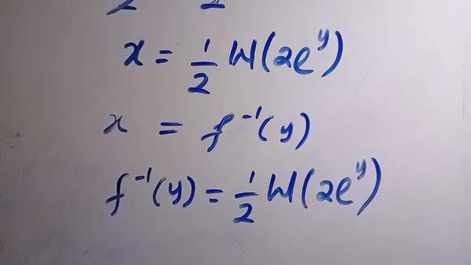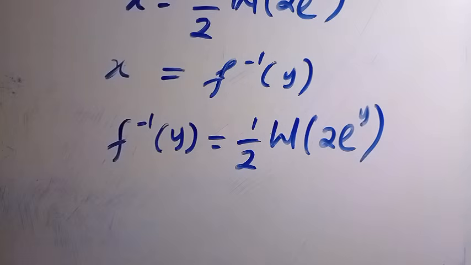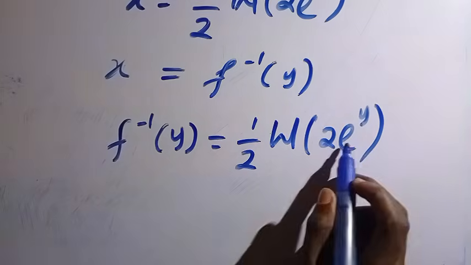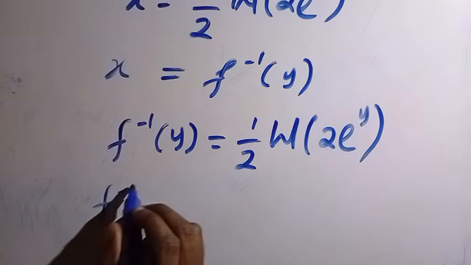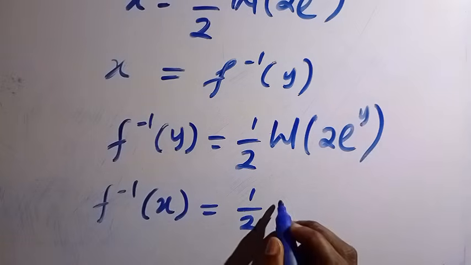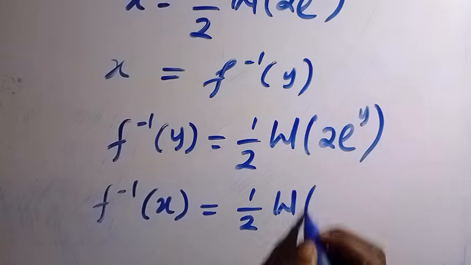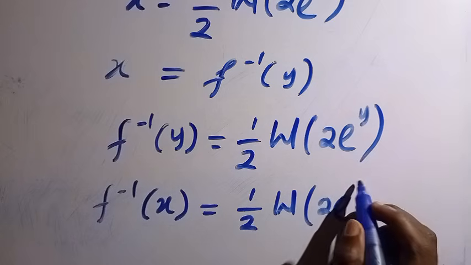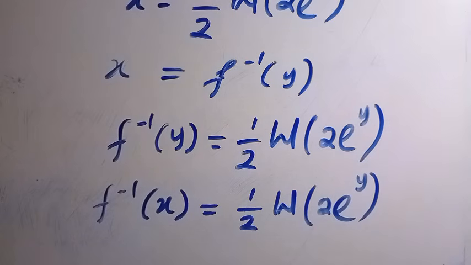But the real question is, what is f inverse of x? We change this y to x, and we have f inverse of x equals 1 over 2 the Lambert W of 2 exponential of x.